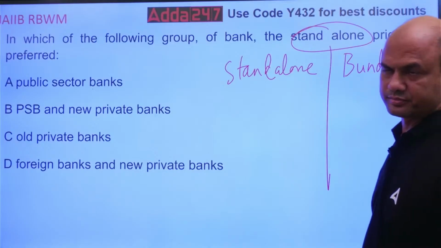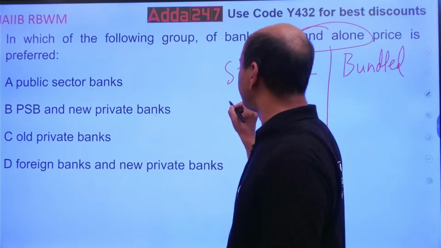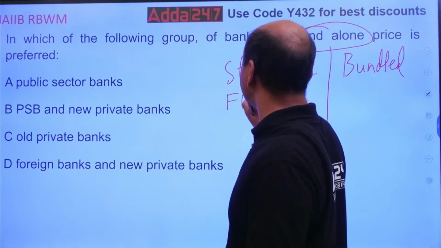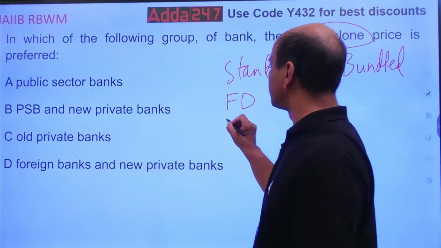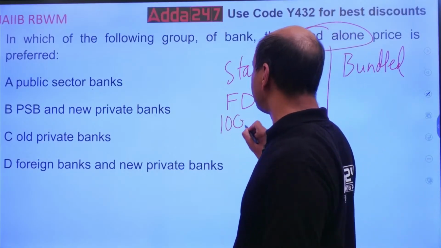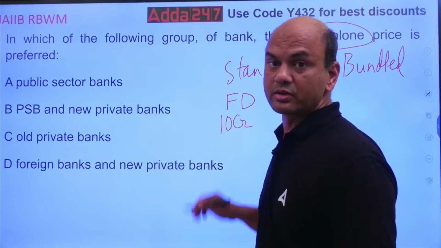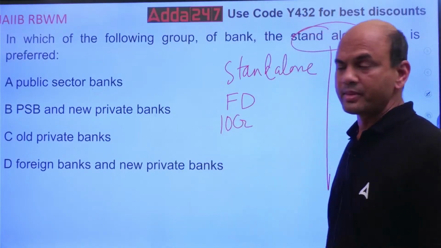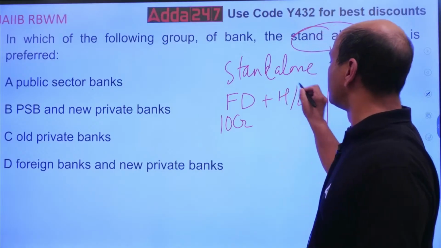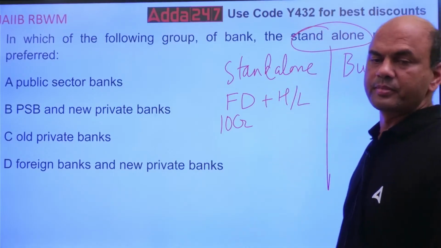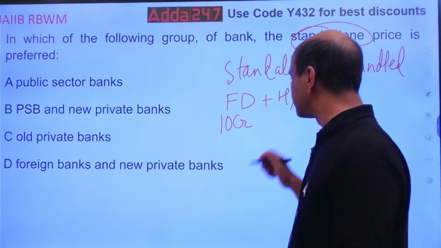What does it mean? Suppose I am having an FD with your bank, let's say 10 crores, such a big FD I am having with you, and I come to you for a home loan. A normal customer's rate of interest is 9%.